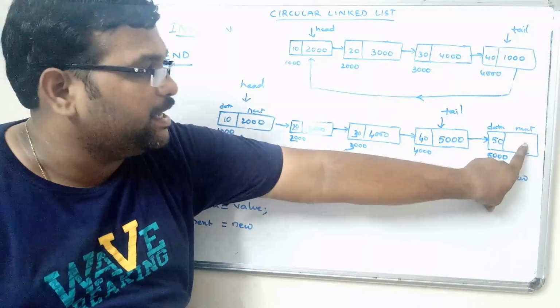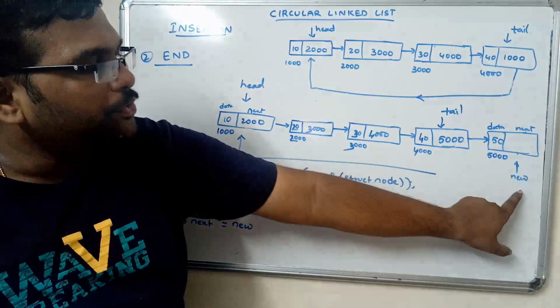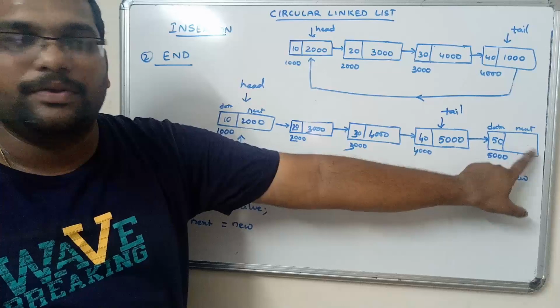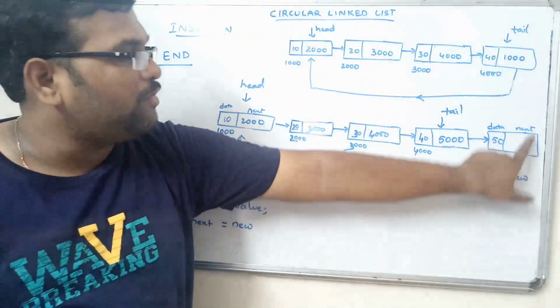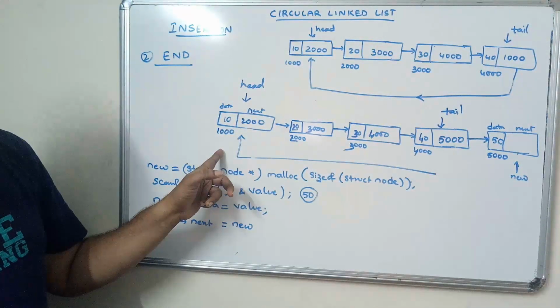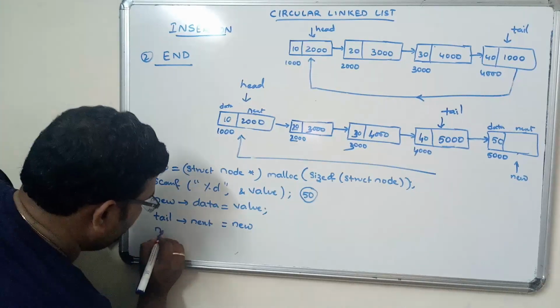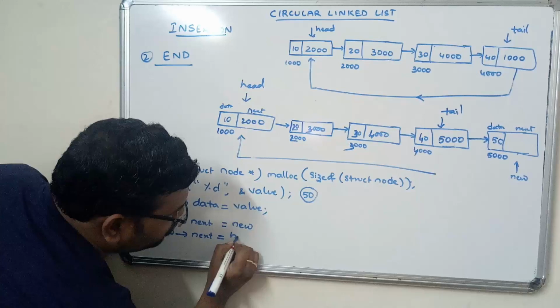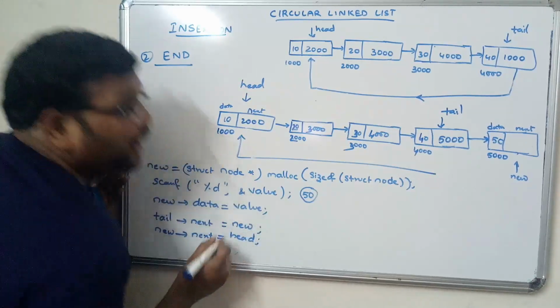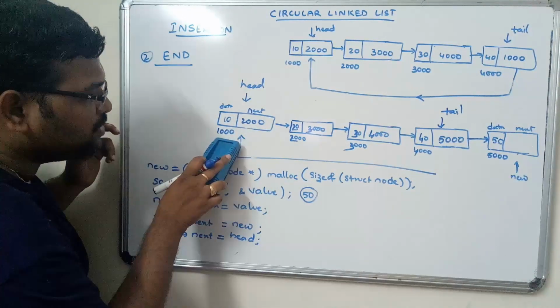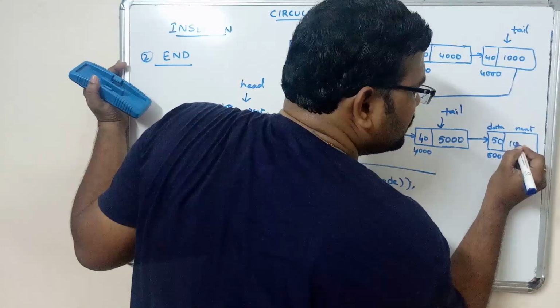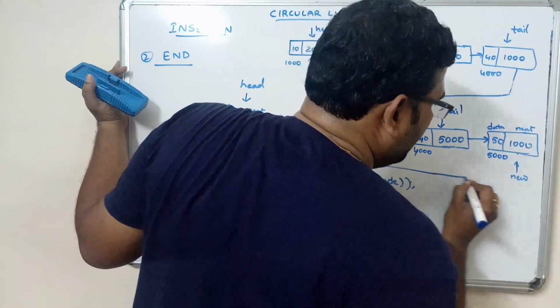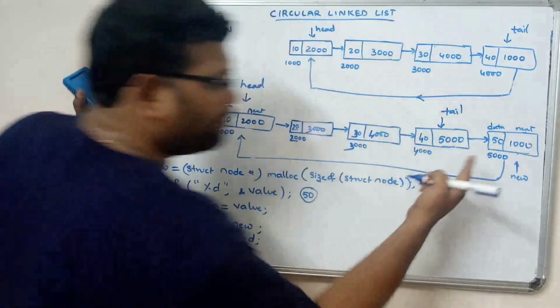So for that, new of next is equal to head. Automatically the 1000 will be placed here and the link is established now from last element to first element.